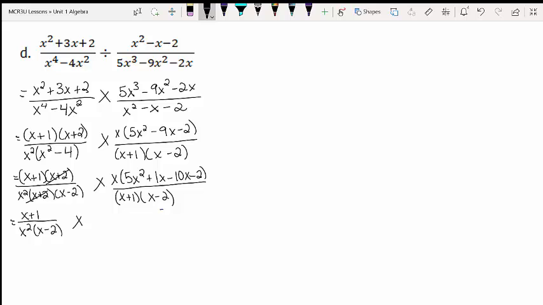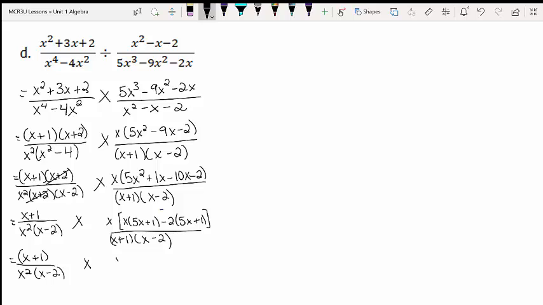Let's factor by grouping. Okay, and now let's just clean up that last fraction there. This guy's already done. Okay, and we can see we have some simplifications there.